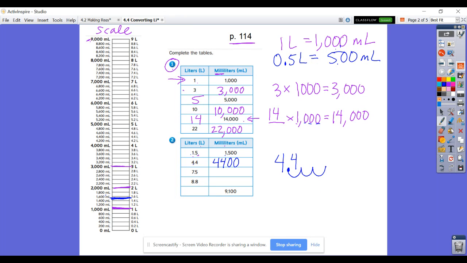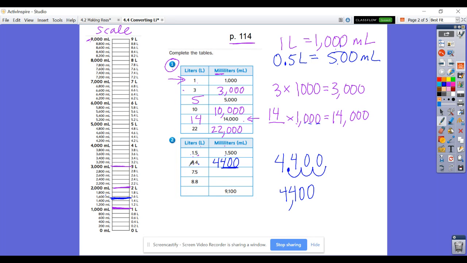So I move over 3 place values, and now I think, okay, so this number is now like this, which I know is 4,400. Or as you get the hang of this, you'll start to realize, okay, 4/10 of a liter, I'll just make that into my hundreds place. That's 400 milliliters. So you'll kind of get the hang of it too.